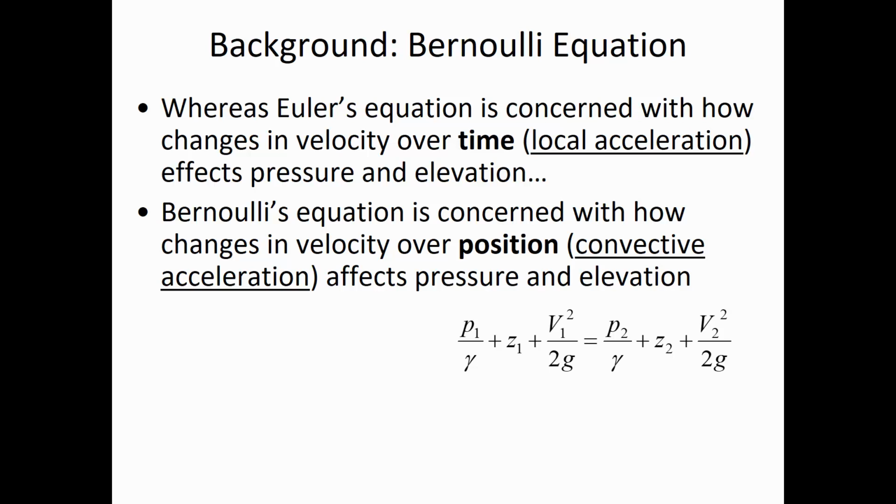We'll have meters squared divided by meters, so that leaves us with meters as the units for velocity head. So each one of these terms can be added directly, but what we're saying is as water flows through some field between 2 points, there is conservation in the sum of those 3 terms.